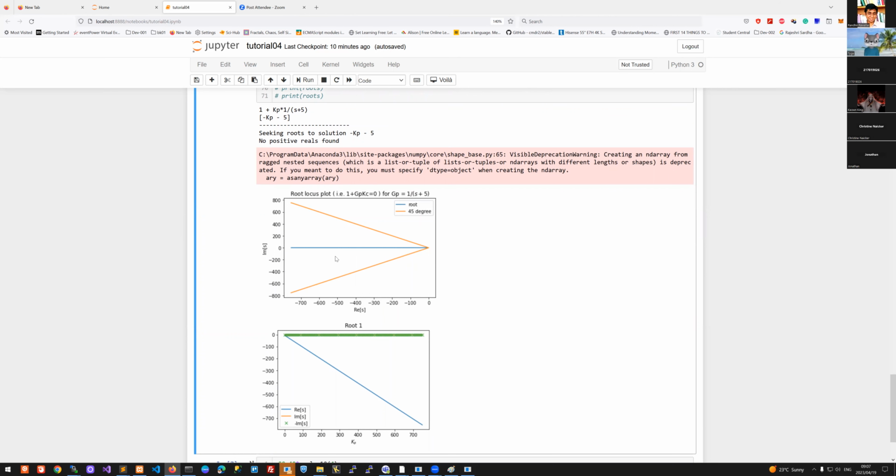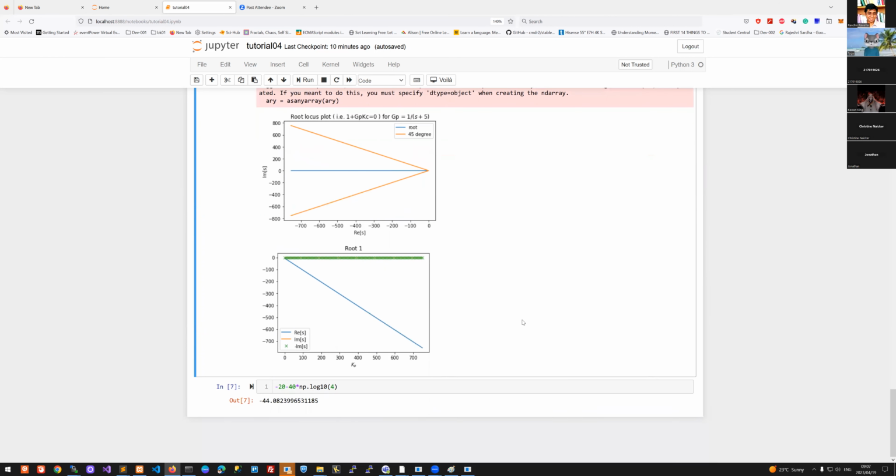So we can say this process is stable. So we can look at it in this way. The other way to look at it is to let kp vary, right? The problem with this graph is we can't really see what value of kp we have at each stage. We are only seeing the imaginary part and the real part of the root.